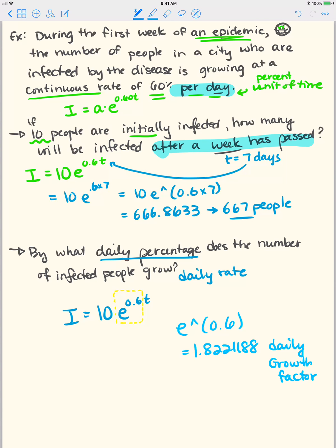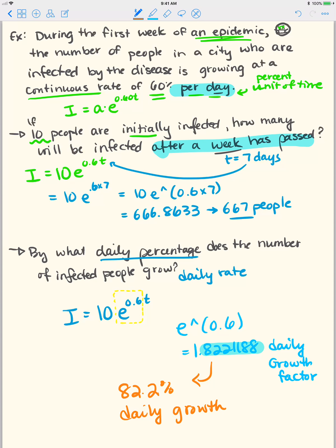And then we subtract the 1 and only focus on the 0.822. So that would indicate an 82.2% daily growth, or the daily percentage at which the number of infected people will grow.